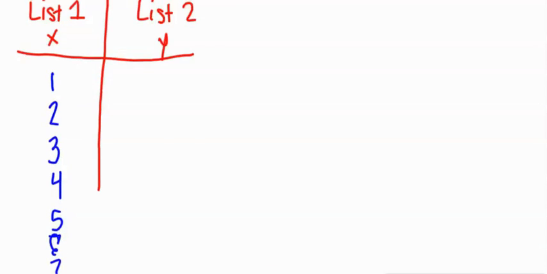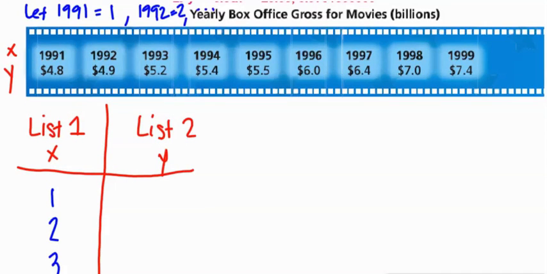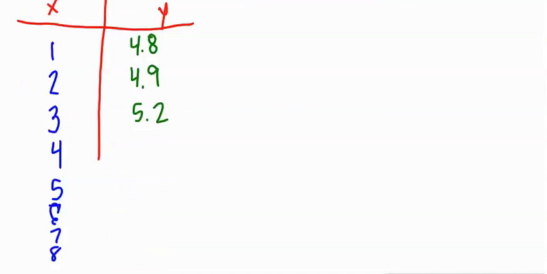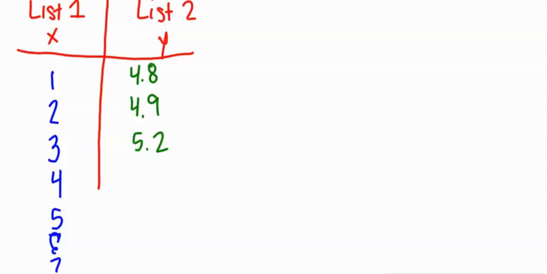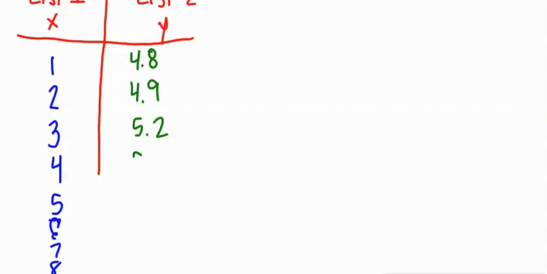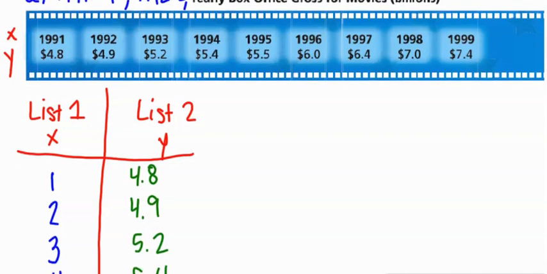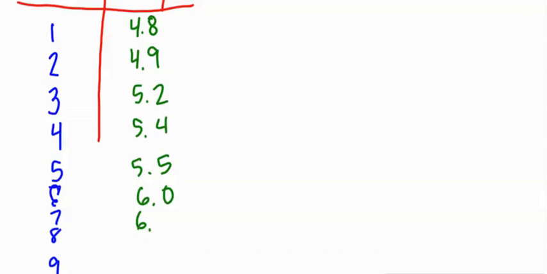And then our Y values will be 4.8, 4.9, 5.2, 5.4, 5.5, I believe that was 6.0, 6.4, 7.0, and then 7.4.